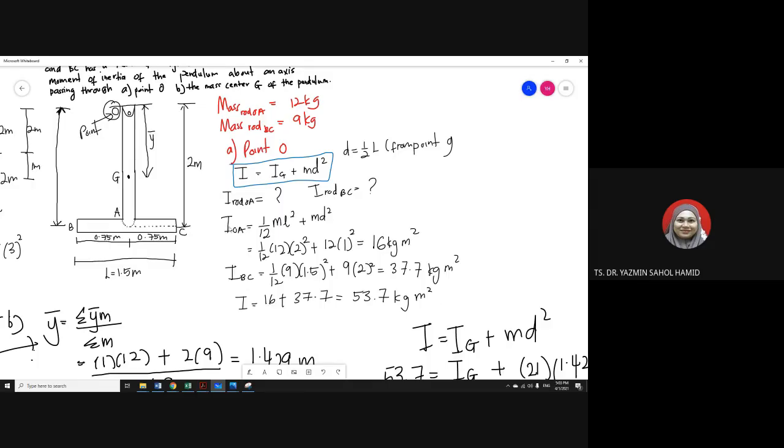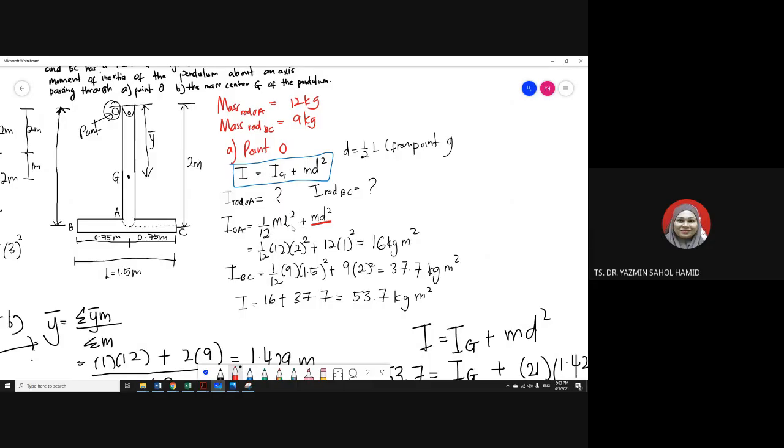Okay, untuk I rod OA, sebab ini adalah rod, so I dia adalah 1/12 ml square. Tapi jangan lupa, kita kena tambah apa? Sebab kita bukan tick dekat point G, kita kena tick dekat point O. Kita kena tambah apa? What is this? MD squared. MD squared. Okay, I just want to make sure that you are alert and listening to me. So thank you for answering. So 1/12 kali mass 12 kali length.